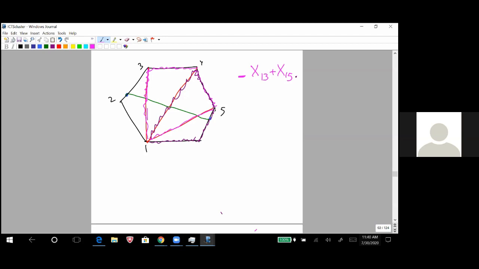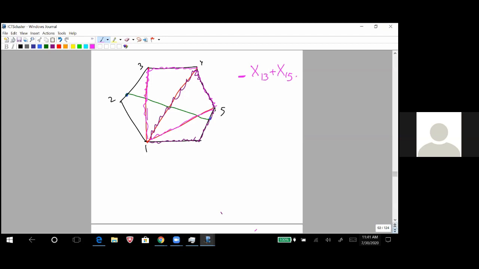I won't say more about that, but it should be pretty intuitive that since we're just keeping track of how these laminations cross through the quadrilaterals, when we do a mutation, the G vectors satisfy those x plus x minus x relations as they should.